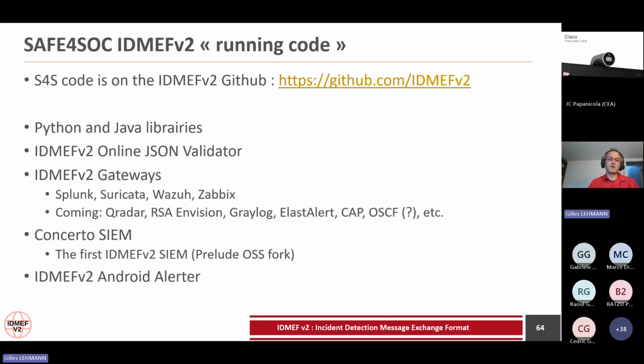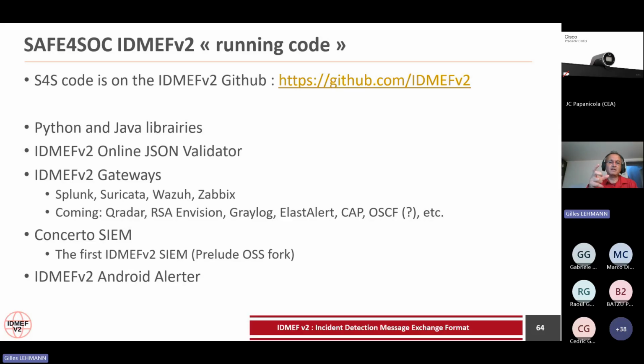The idea is to have a place where you can put a generated JSON file and test if it's working. The first version of the validator was done for the 7-Shield project.